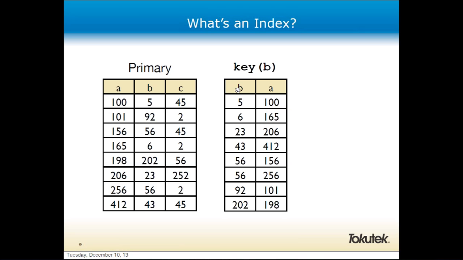In the secondary index, you're sorted by B, and the value is an identifier that allows you to get the entire row. So for example, if I look at key B equal to 43 and I see a row identifier of 412, I know 412 is my primary key, and I can identify the entire row by diving into here and getting the entire row there.